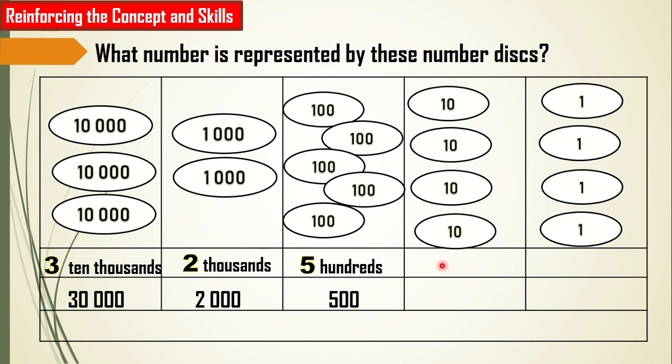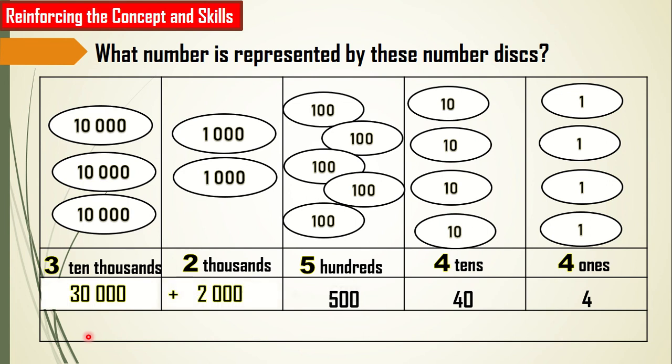We have 4 tens. 4 tens is 40. We have 4 ones. 4 ones is 4. Therefore, 30,000 plus 2,000 plus 500 plus 40 plus 4 is 32,544.